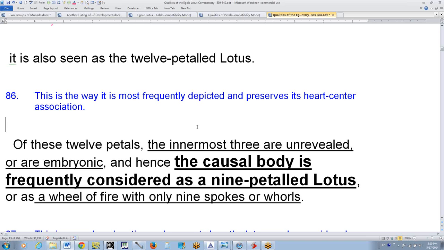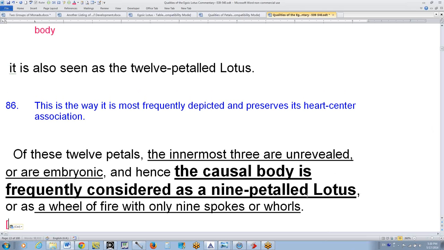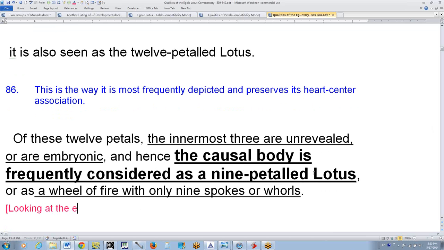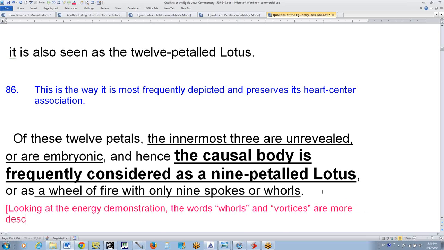The use of the word petal is revelatory in terms of the unfolding of consciousness, but when looking at the actual energy demonstration, whirls and vortices are probably more descriptive.